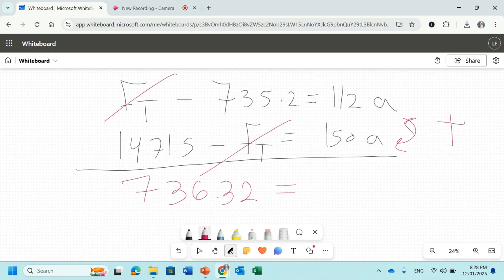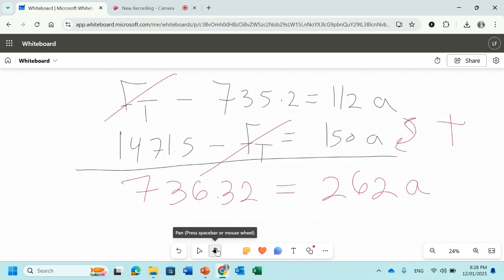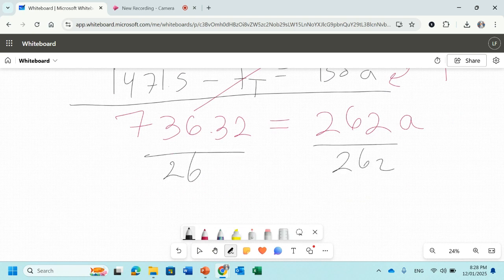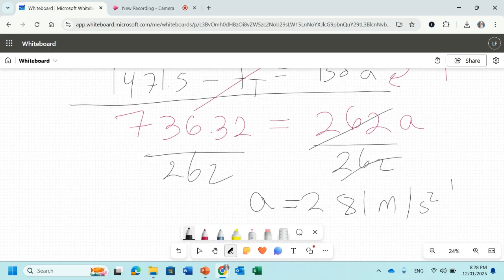If you add these, you get 262 times a. I need the value of the acceleration, so divide both sides by 262, and you should get the acceleration equals 200.81 meters per second squared. That's it.